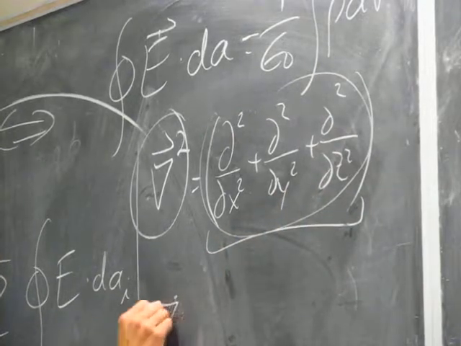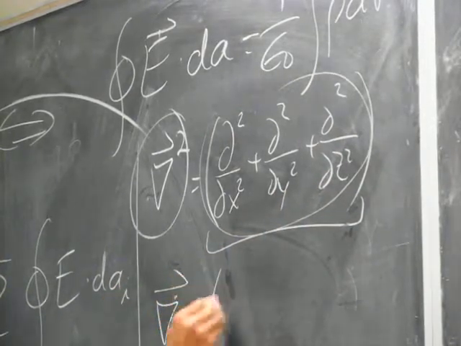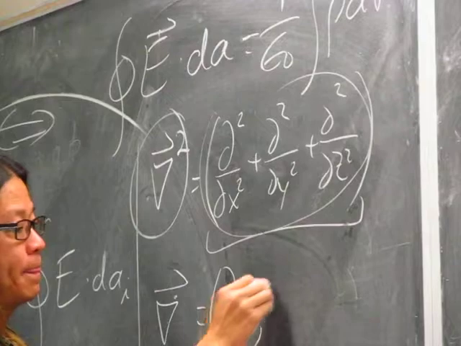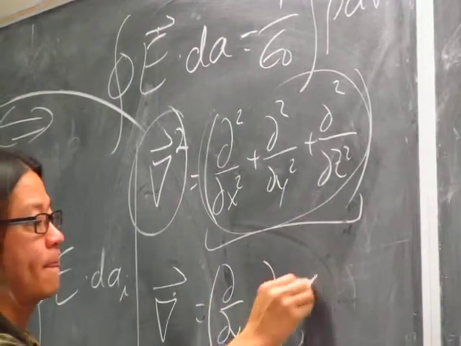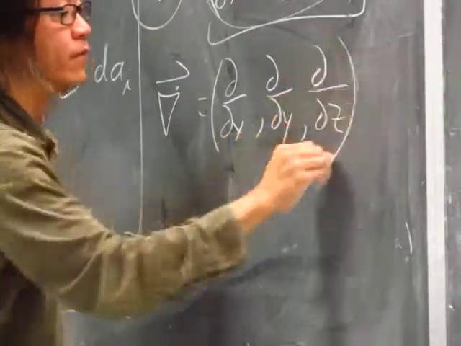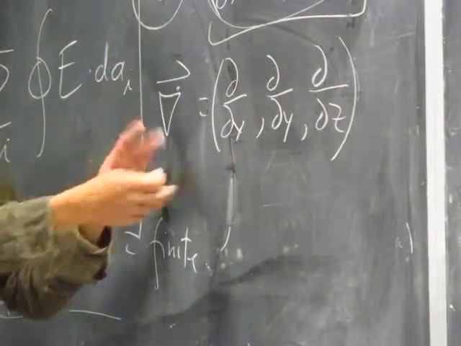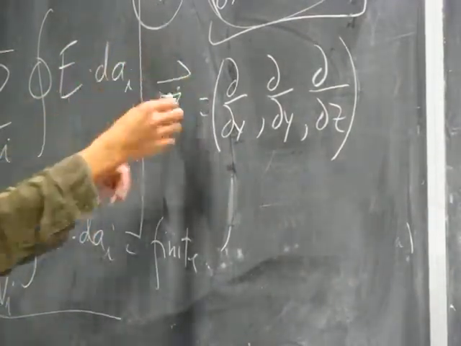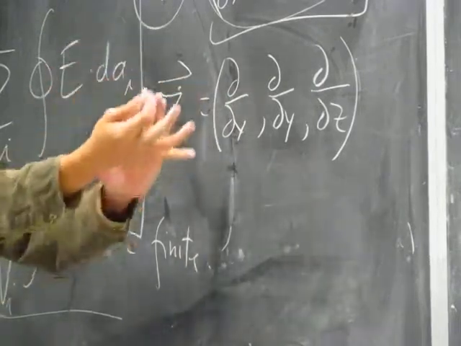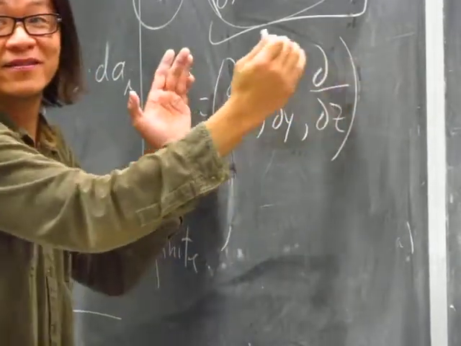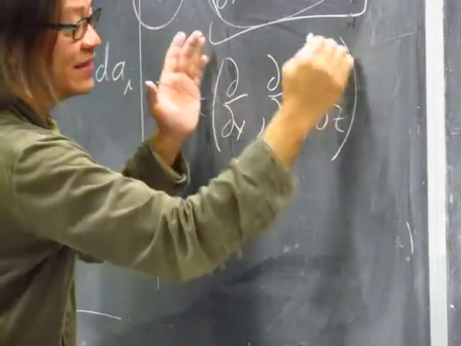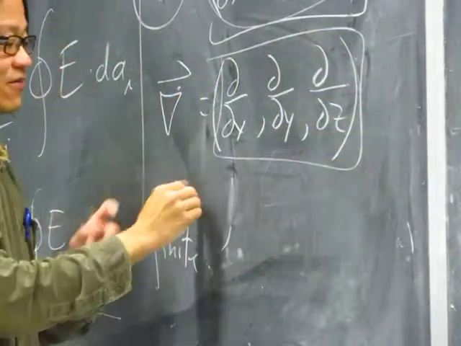The gradient is something else, it's written like that. If this is a machine, it takes a scalar and acts on the scalar with this thing here, and then you get a vector.